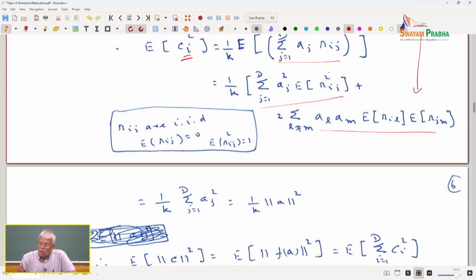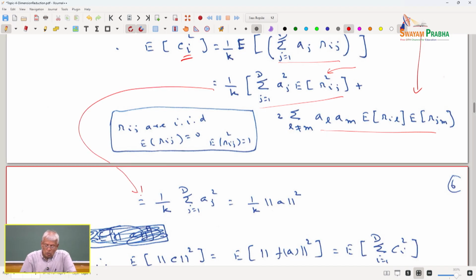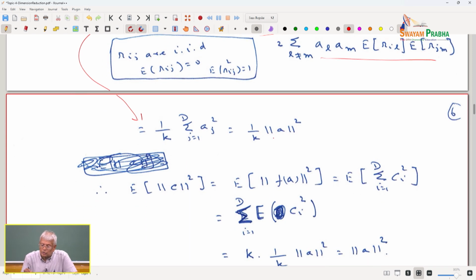And we already know the variance of the individual components is 1. Therefore, this expression reduces to 1 over k times summation j equals 1 to d of aj square, which is equal to 1 over k times the square of the norm of A.